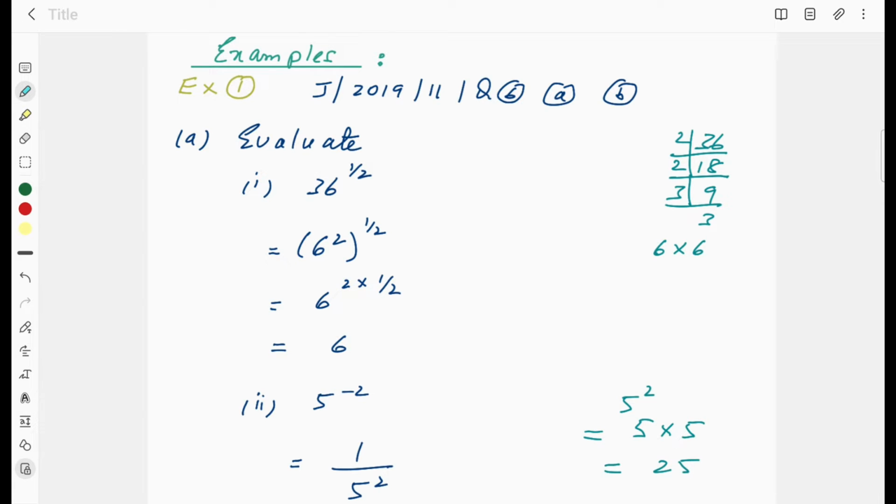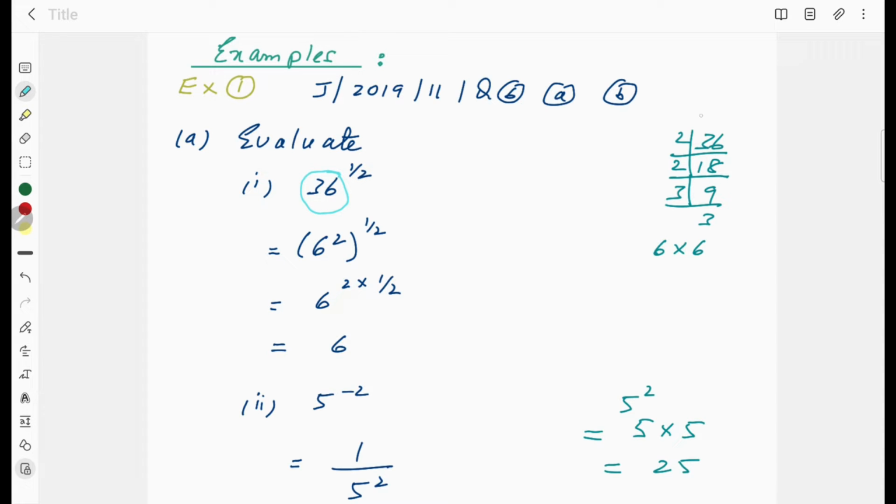June 2019 paper 1-1, question number 6, part A and B. The part A says evaluate. Evaluate means find the value, a numerical value. 36 raised to the power half. I want to point out here that whenever you are provided with numbers, you have to take prime factors of that number.